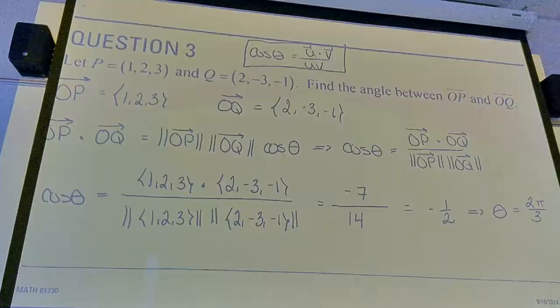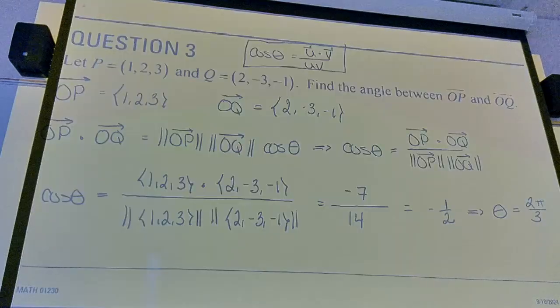You gave me the magnitudes of the 2 vectors. Well, how'd you get it? The two magnitudes on the bottom are the same. Why are they the same? Because the formula for magnitude is the square root of the sum of each component squared.